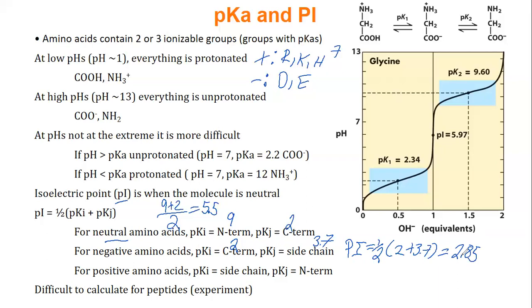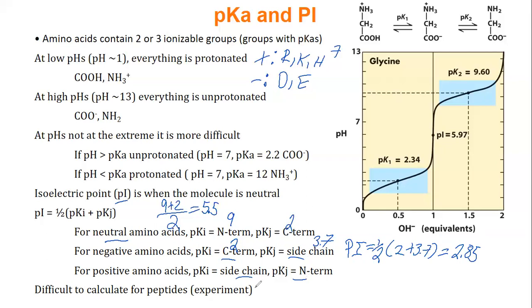That is when this amino acid is completely neutral. At a pH of 2.85, this amino acid with those pKa's is neutral. Positive amino acids, all you do is you take the N terminus and the side chain.